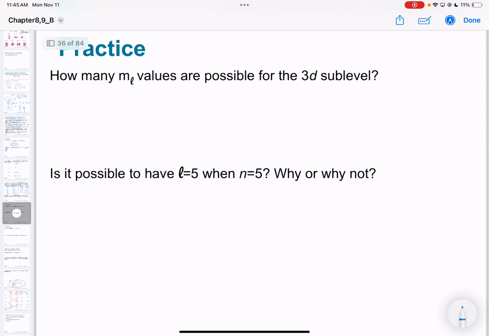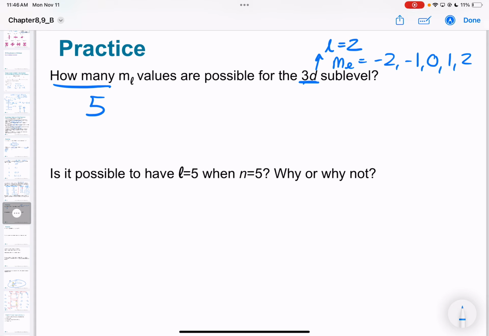Okay, so we actually did this before. For the 3d subshell, we want to know how many M sub L values, how many of them are there. So d is an l of 2, which means M sub L can be negative 2, negative 1, 0, positive 1, or positive 2. So a total of 5 M sub L values.